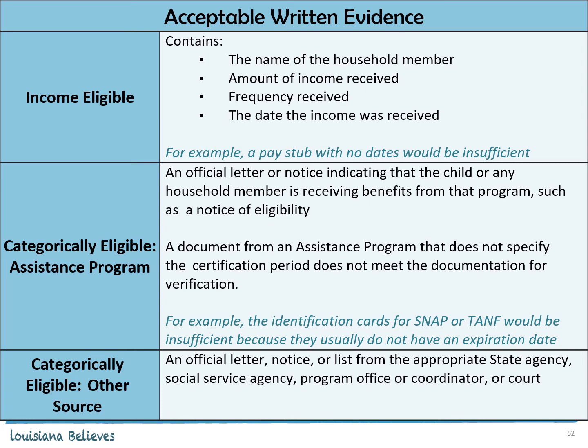For example, the identification cards for SNAP or TANF would be insufficient because they usually do not have an expiration date. Or categorical eligibility from another source contains an official letter, notice, or list from the appropriate state agency, social service agency, program officer coordinator, or court.